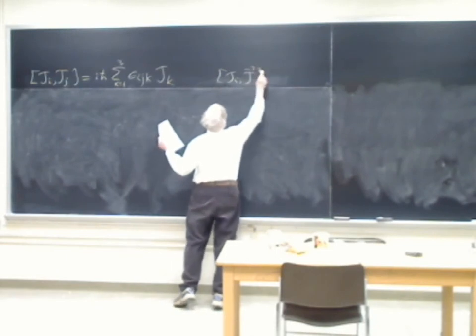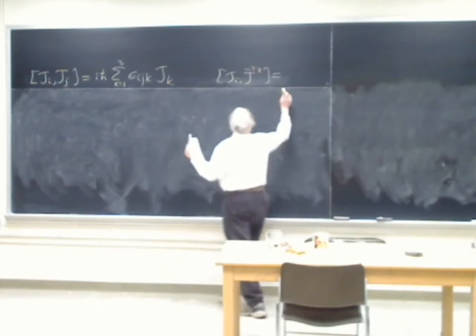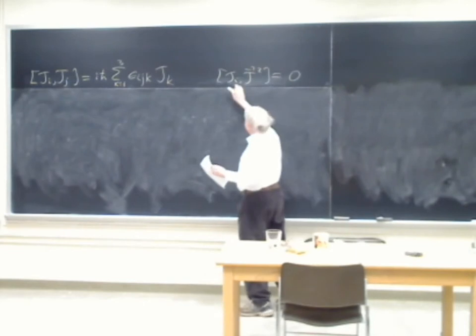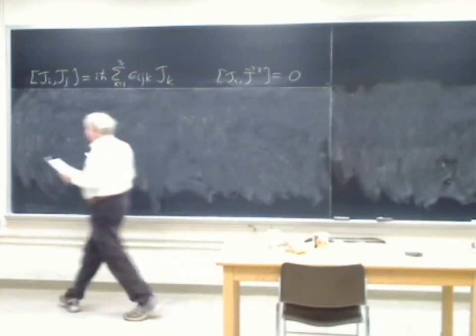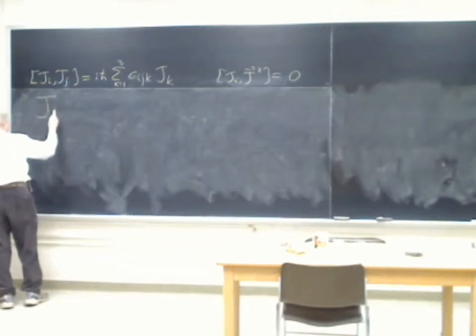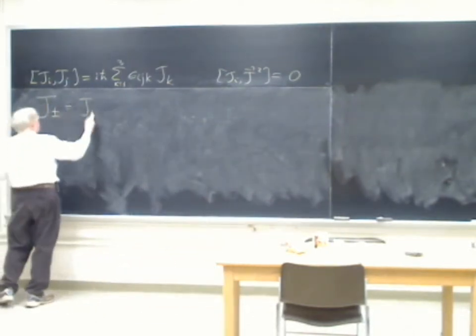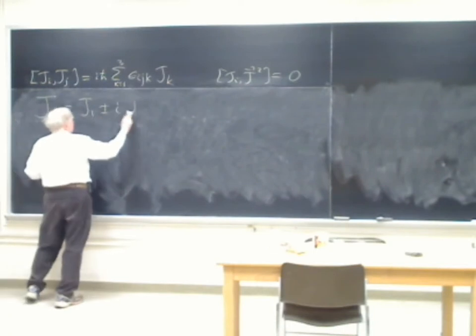Since J is a vector, J dot J is a scalar, and so it's inert under rotations. We defined J plus or minus equal to J1 plus or minus i J2.